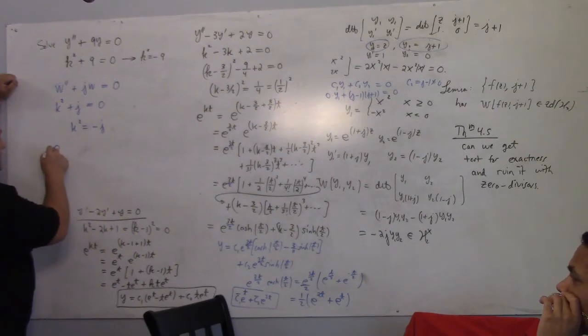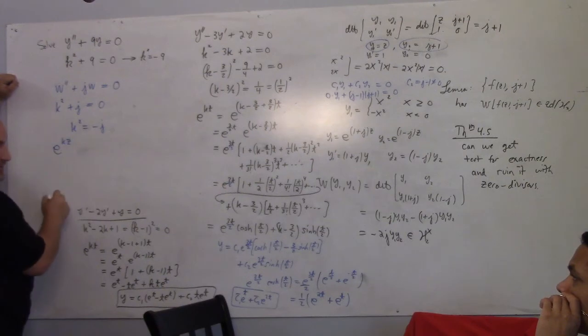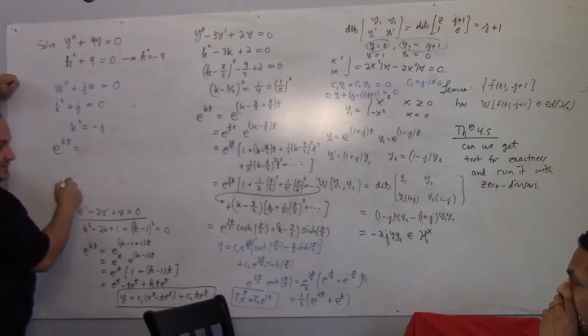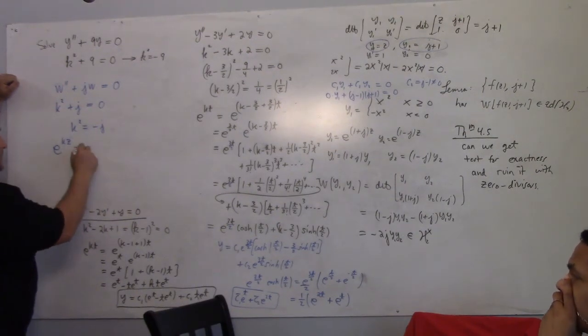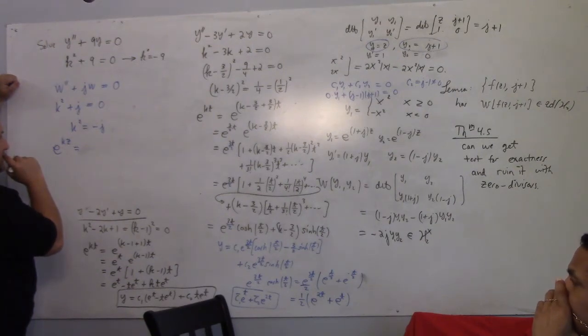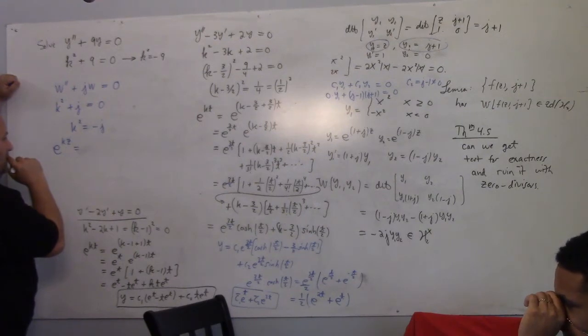But anyway, the point is e to the kz, where z is the algebra variable, is, since k squared is minus j, 1 plus kz plus 1/4.